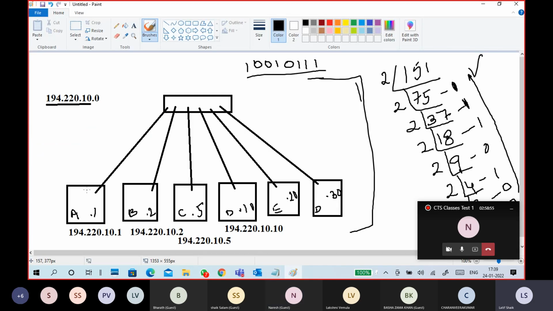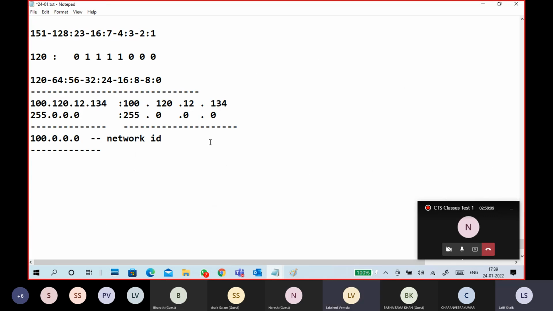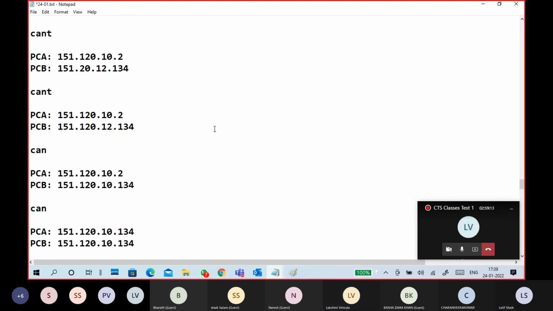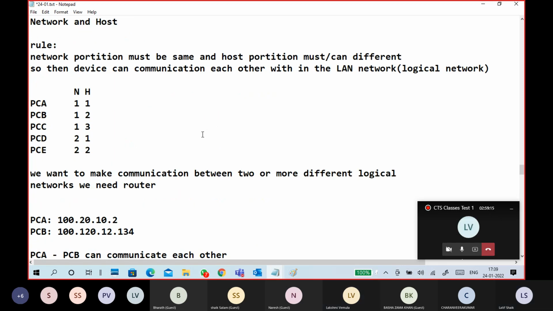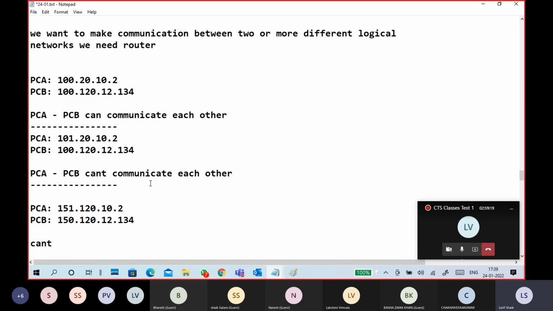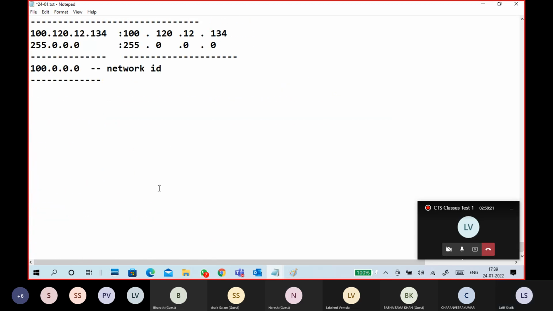Actually, you are communicating from one PC to another PC. When you are communicating from one PC to another PC, what is the rule? Same network but different host ID. Yes, the network portion must be the same.